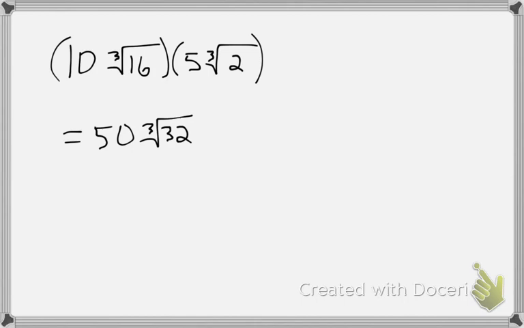All right. Does this simplify? Yep. 32 breaks down. 8 and 4 is fine. There's other options as well. 8 is 2, 2, 2. 4 is 2 and 2.